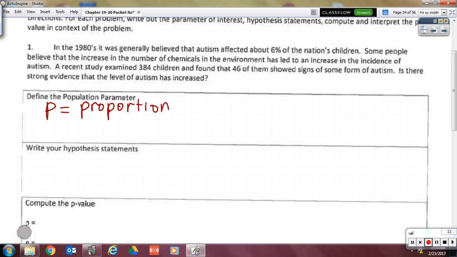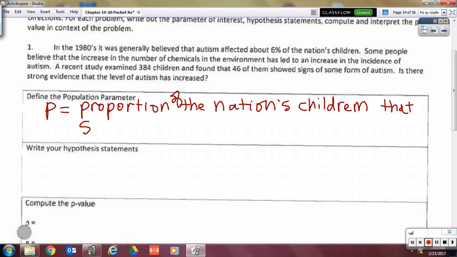Proportion of the nation's children, and I'm actually going to use the same wording that they use, that show some form of autism. All right, so that's what we're talking about.